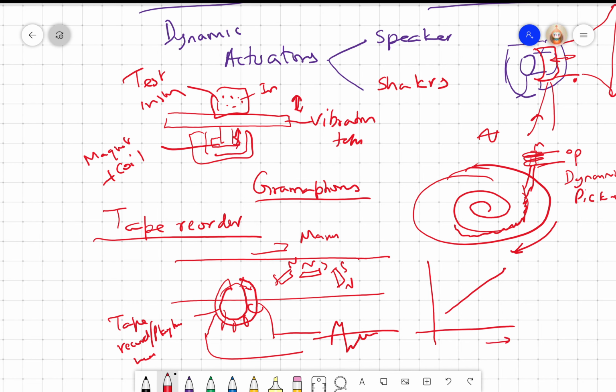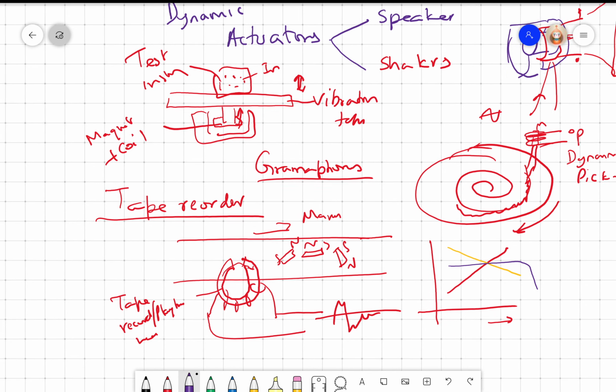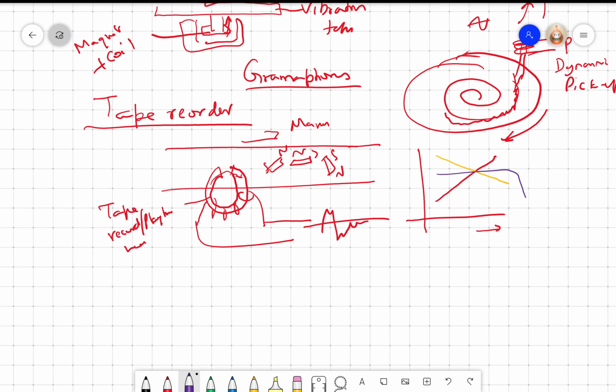So you need to offset it, put an inverse characteristic in the playback mode, so that you get almost a flat characteristic for whatever frequency you want the system to work. Once again, the tapes are all a thing of the past. Nobody uses a tape. Today, everything has become digital, and you record digital.